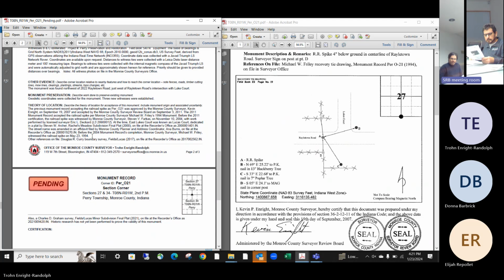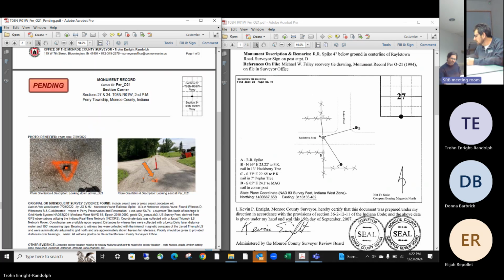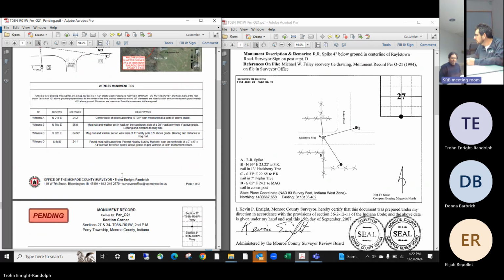Most recently filed in the recorder's office was a 2021 survey by Doug Grant. Fencing on the northwest, or north of that, has been removed, and it's just an empty yard right now. So that fence post was no longer there. There's an obliterated tree at C.